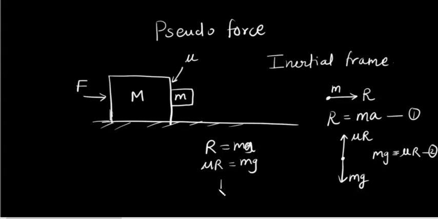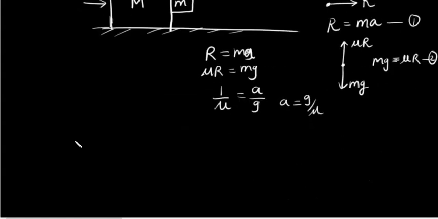If I take the ratio, it will be 1 upon mu is equal to a by g. So a is equal to g by mu. Now we have to find out the force. So force F is equal to M plus m into a.